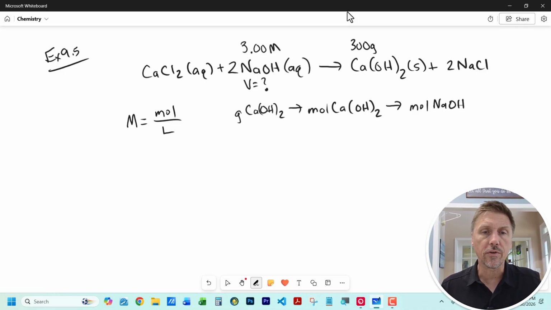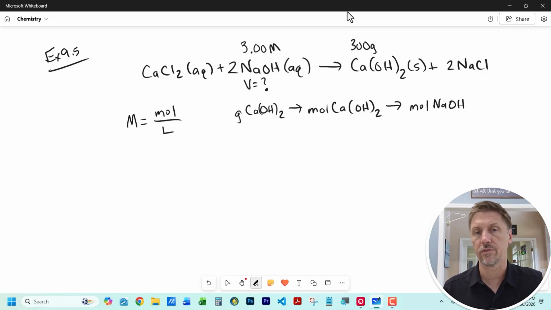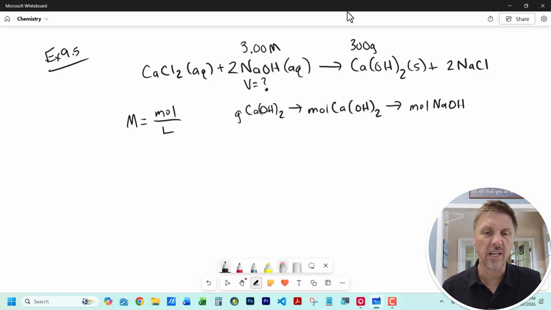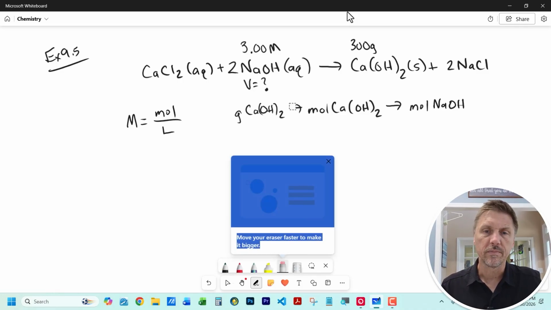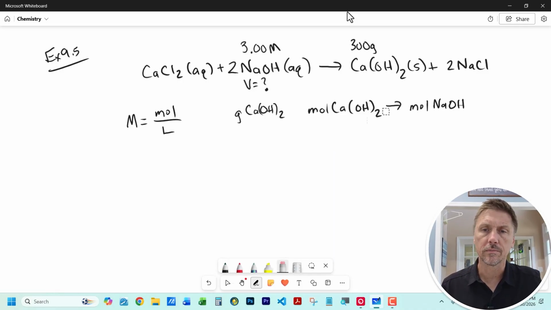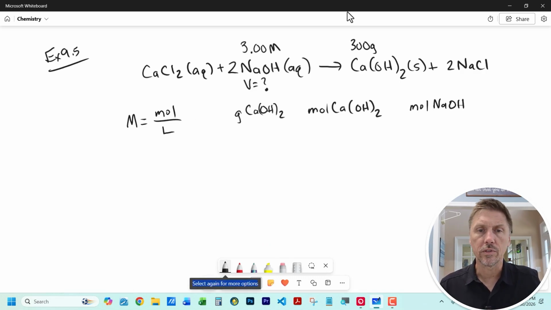So we've got 300 grams. You know what? Actually, I can just do this. I'm going to just erase, just to make sure we're understanding how we're using this path here. I'm just going to keep these units, and I'm going to just put numerical values in front of it.